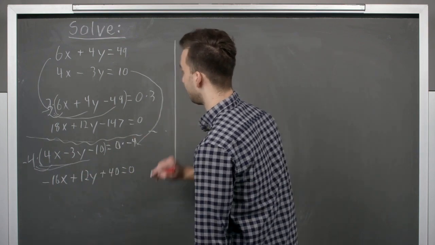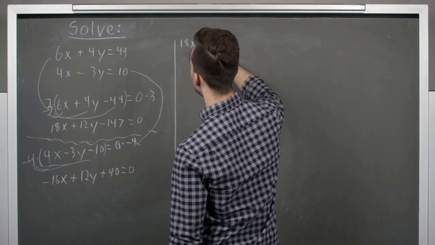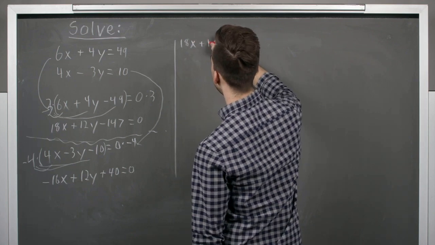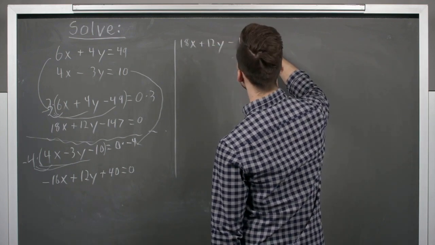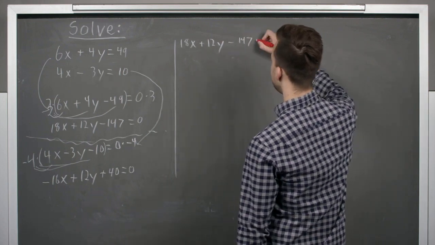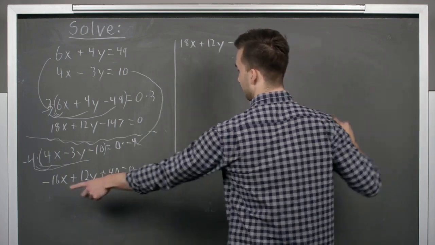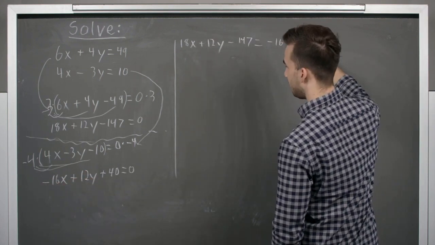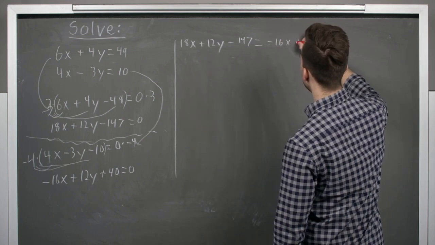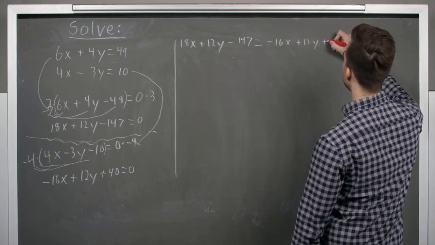So let me write that. We have our first equation, 18x plus 12y minus 147 is equal to 0, which is also equal to our other equation, negative 16x plus 12y plus 40.